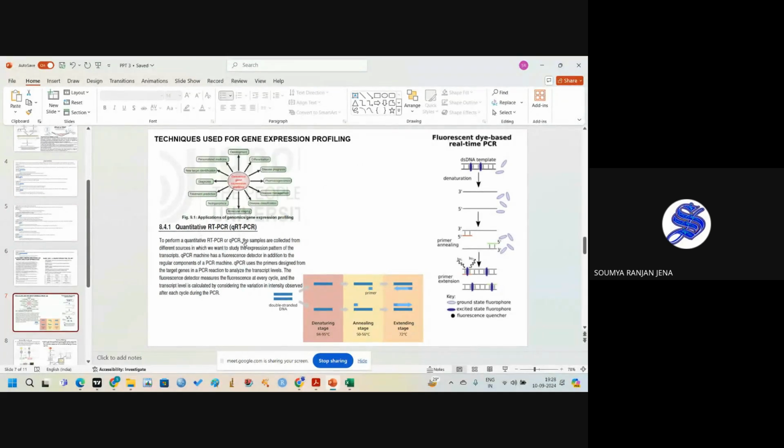The most widely used technique is quantitative real-time PCR, and the fluorescence dye we use for this is SYBR Green, for the quantitative RNA expression analysis using this PCR method.